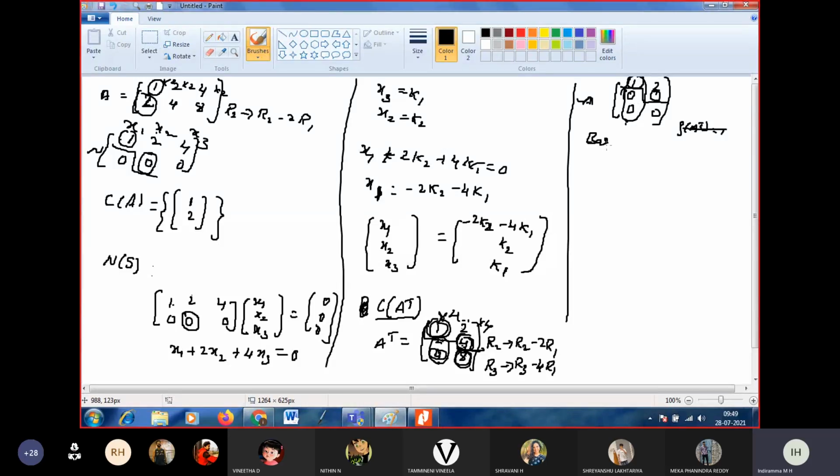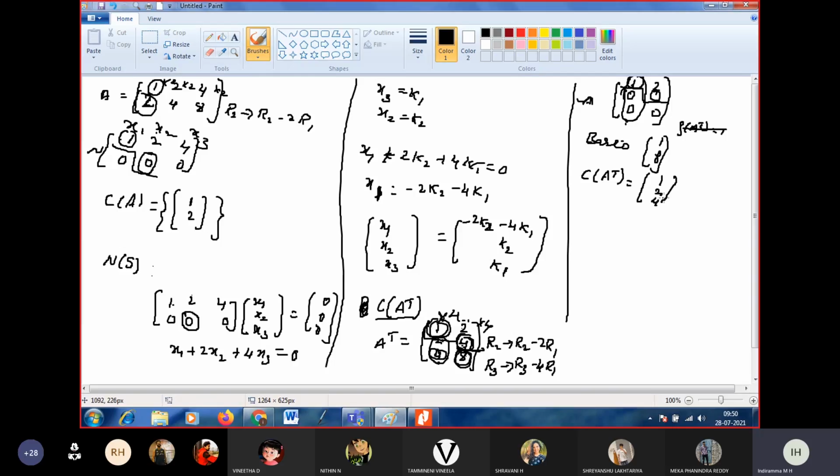The column containing the pivot element gives the column space of the matrix A transpose. Here the first column contains the pivot element, therefore the column space of A transpose is 1 2 4.